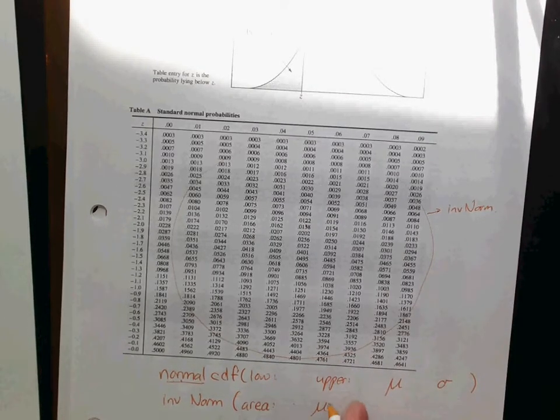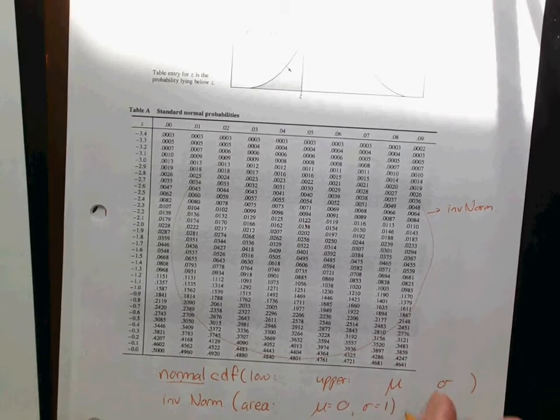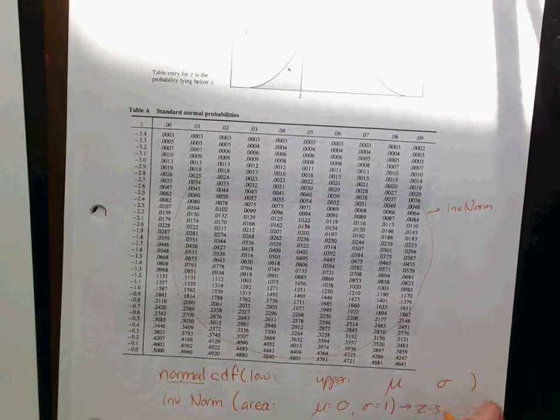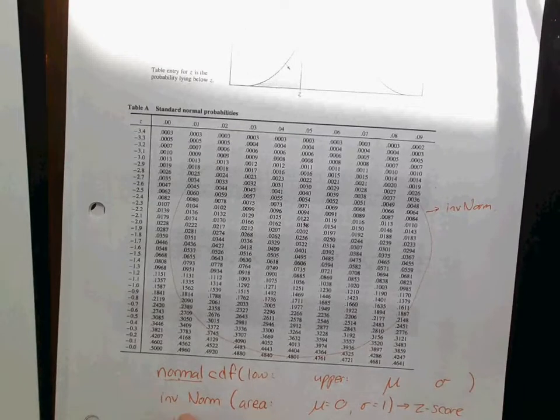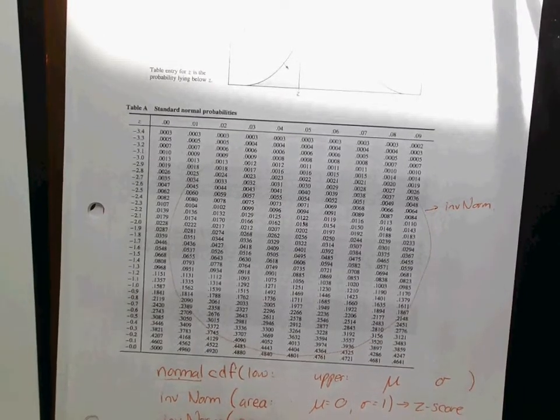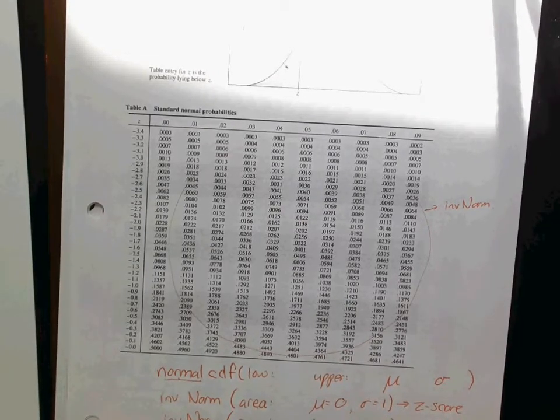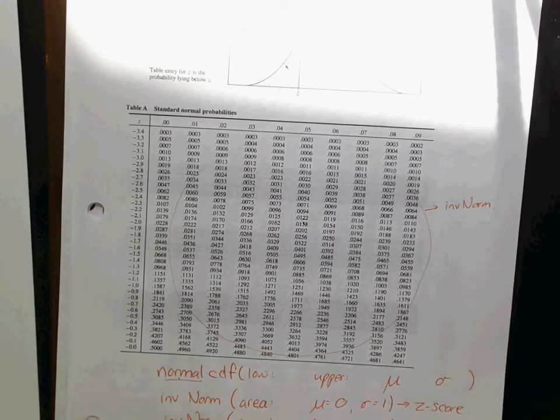So if I do mean of 0, standard deviation of 1, this gives me the z-score for that area. Or you can do it if you actually already know area, mean, and standard deviation. This will give you the observation value. So just watch the area. Inv-norm always shades below.